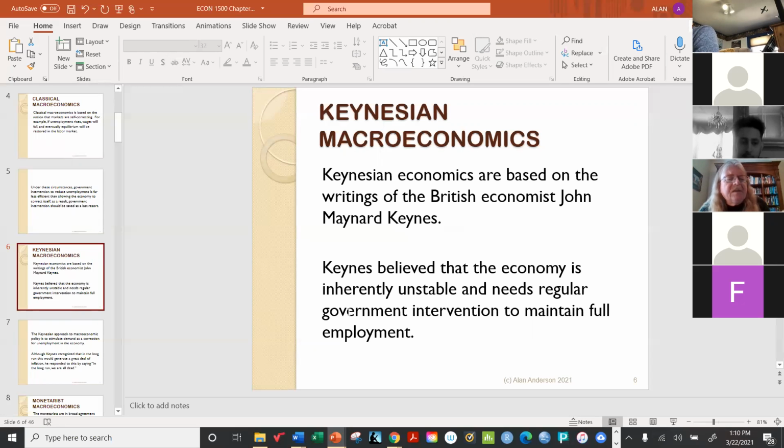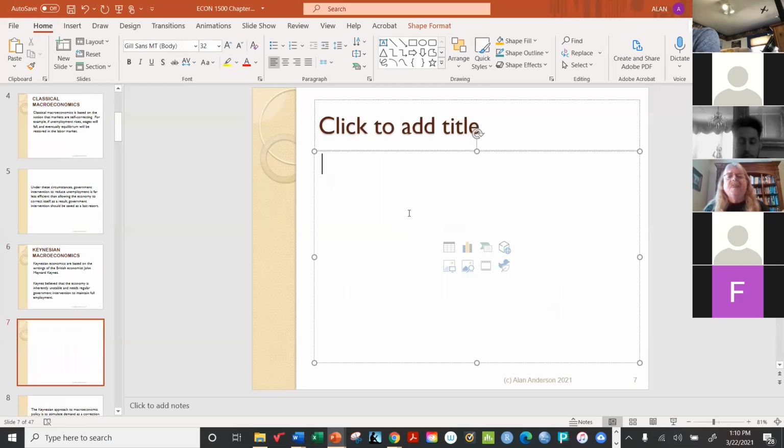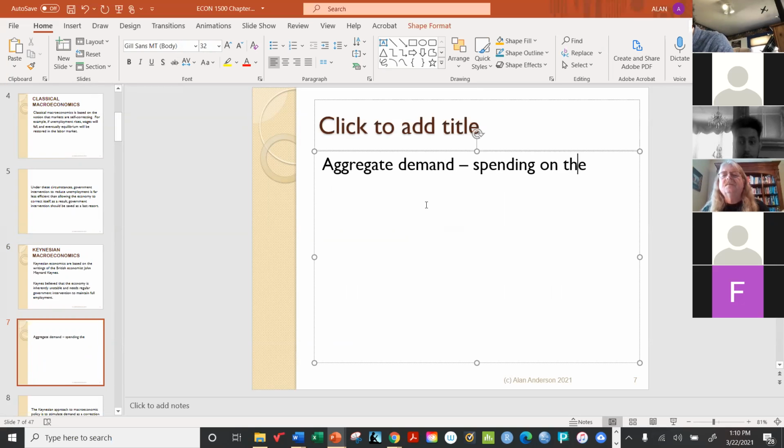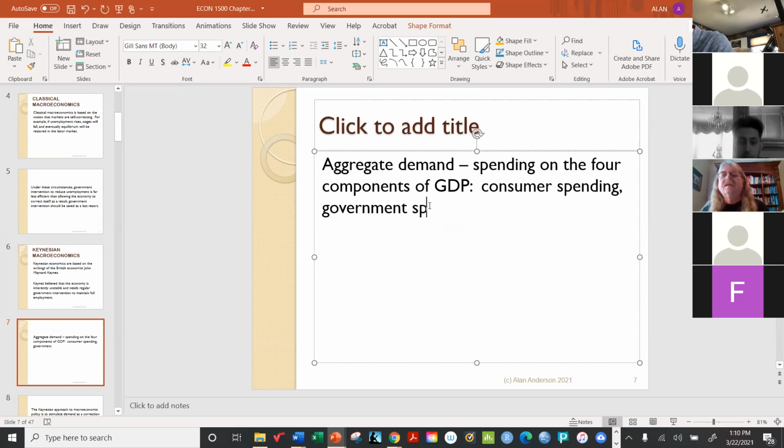So let me just briefly take a side note here. When he says the words aggregate demand, he means spending on the four components of GDP, which you recall are consumer spending, government spending, investment spending, and net exports.